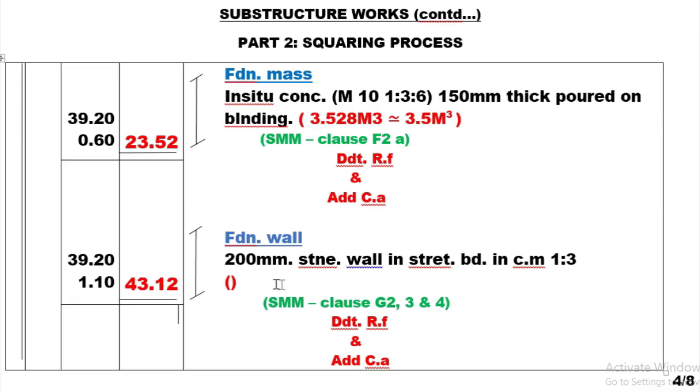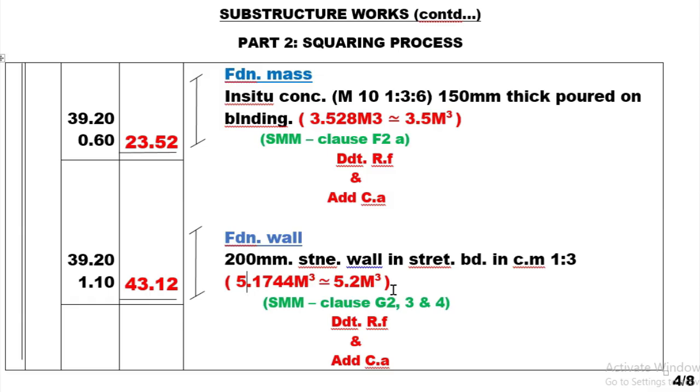So if I have to get the volume of that wall for the sake of deduction for the ram and fill and adding cutaway as well as billing, I turn this into meters, that is 0.2, times this one, which is giving me 5.1744, or if I round off, it is 5.2 cubic meter.